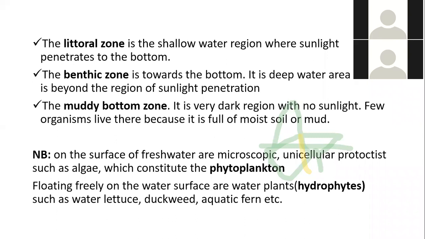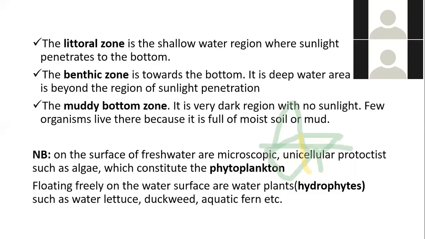This is where you would have the roots of water plants. Then you would see the leaves of this plant at the littoral zone. Then the rest of the plant, you would have at the benthic zone. So the muddy zone is where you find the roots of these water plants.